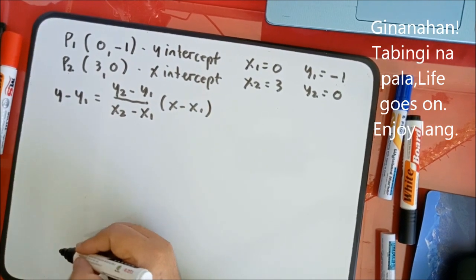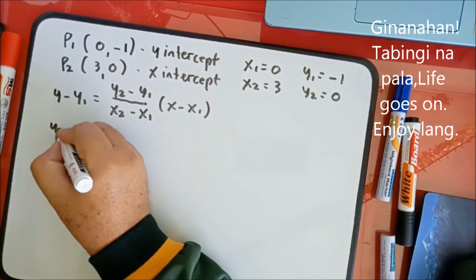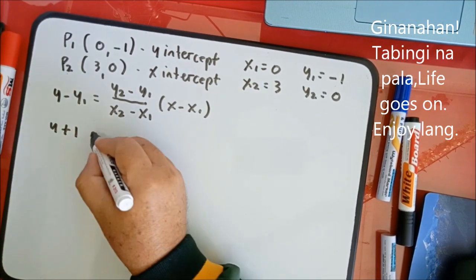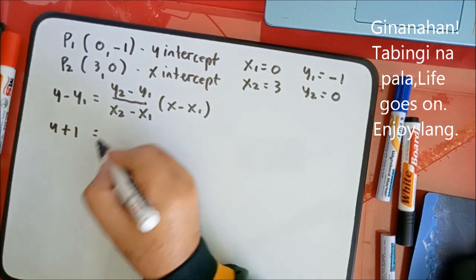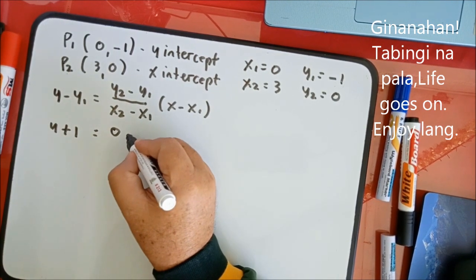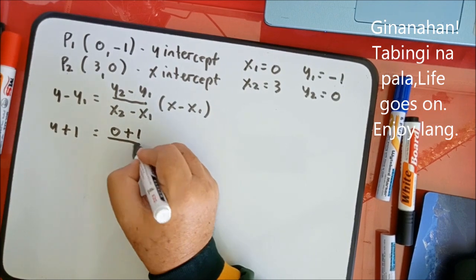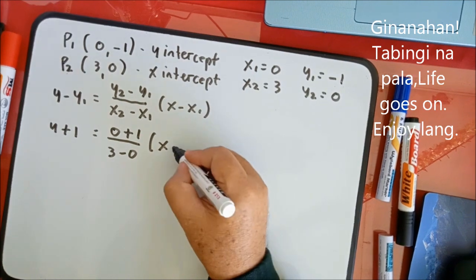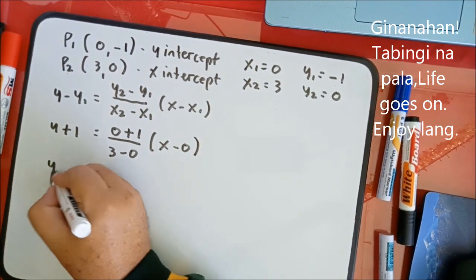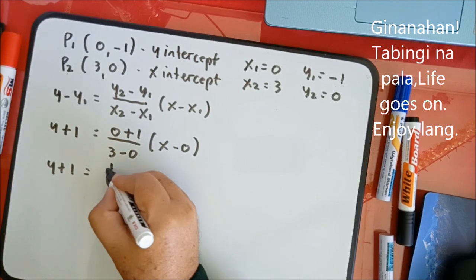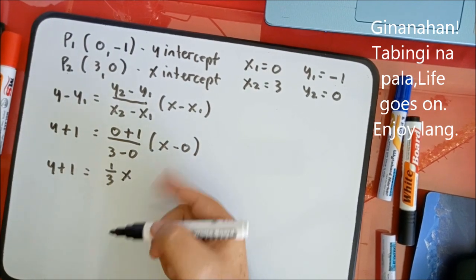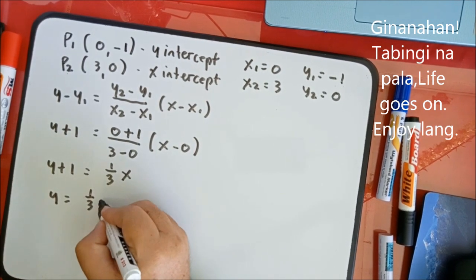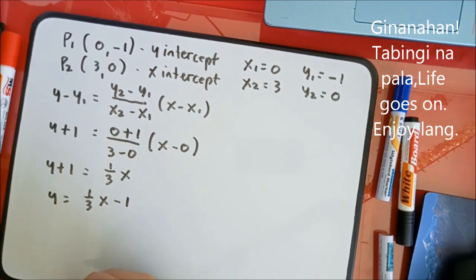Substitute. This will become what? Y minus negative 1, so this will become positive 1, equals y sub 2, 0 minus negative 1 will become positive 1, over 3 minus 0, times x minus 0. So y plus 1 is equals to 1 over 3x. Okay, 0 na yan. So y is equals to 1/3 x minus 1.